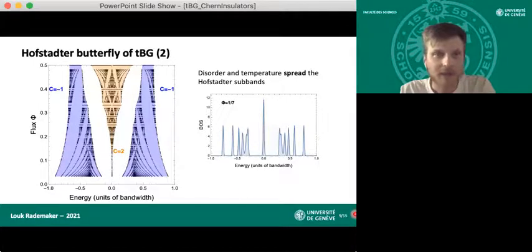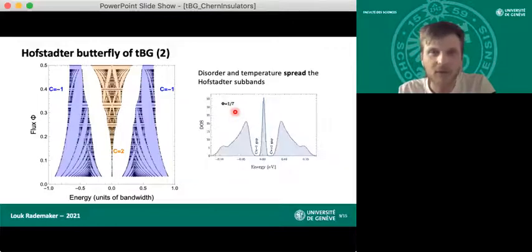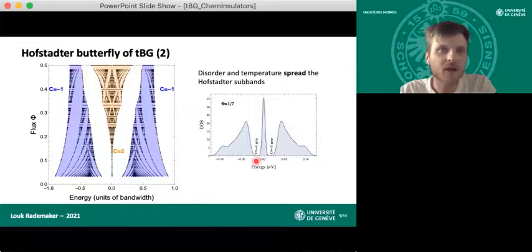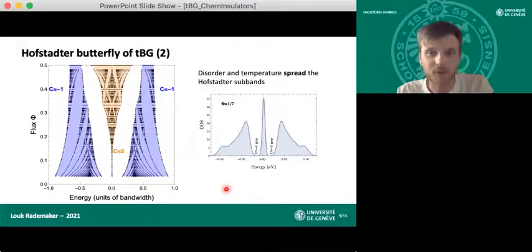Now, the black lines that you see here constitute this fractal exact Hofstadter spectrum, but due to disorder and finite temperature, these bands are broadened. So instead of a density of states that looks like this with many peaks, for example at 1/7 flux, you get something which is broadened by disorder. And indeed, the main thing we find is that this gap between the blue and yellow and blue bands is the most prominent feature.